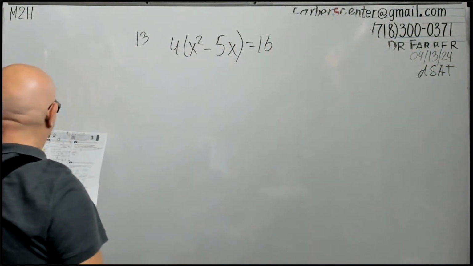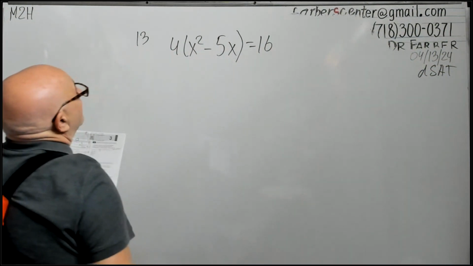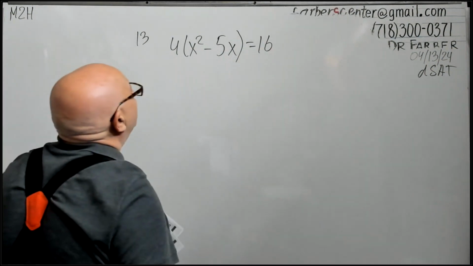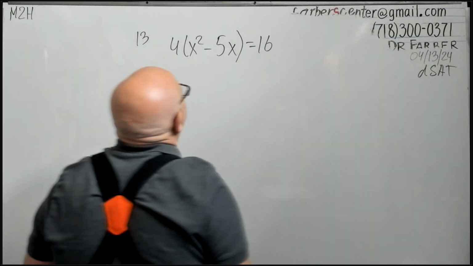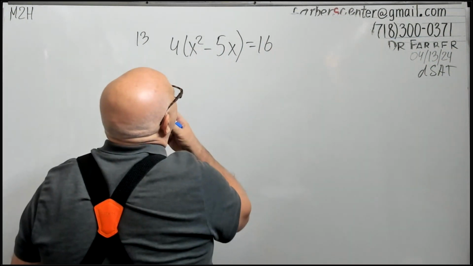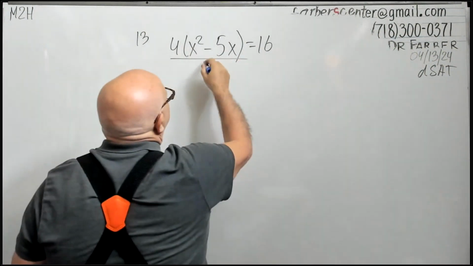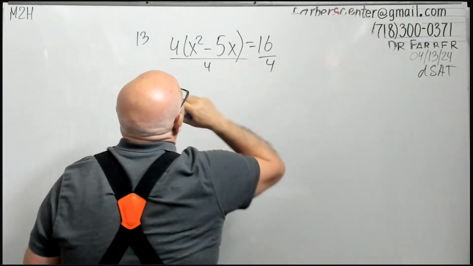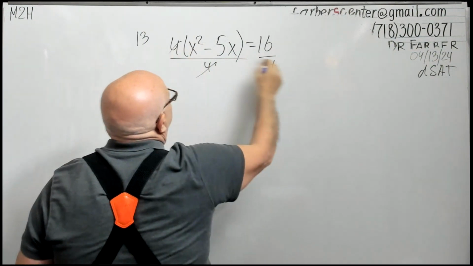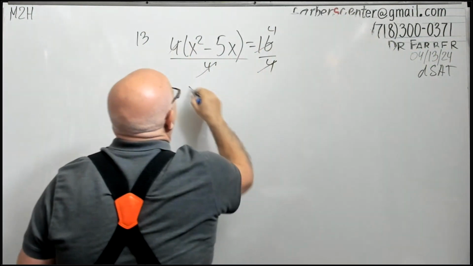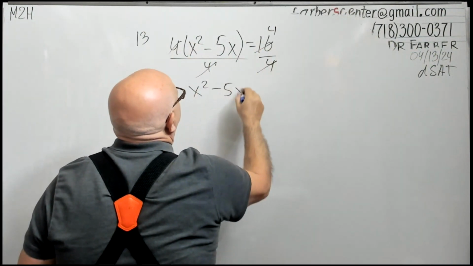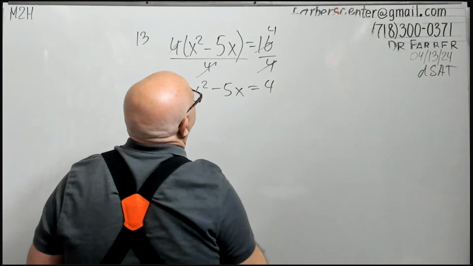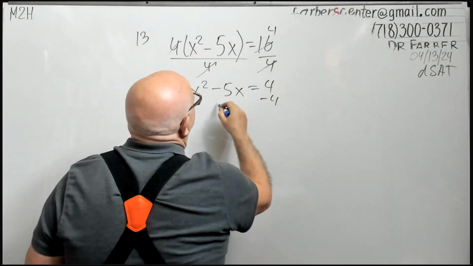Okay. So first of all, you can simplify by 4 both parts. Make it simple. Cancel, cancel, goes 4 times. You have x squared minus 5x equals 4. Minus 4 and minus 4.